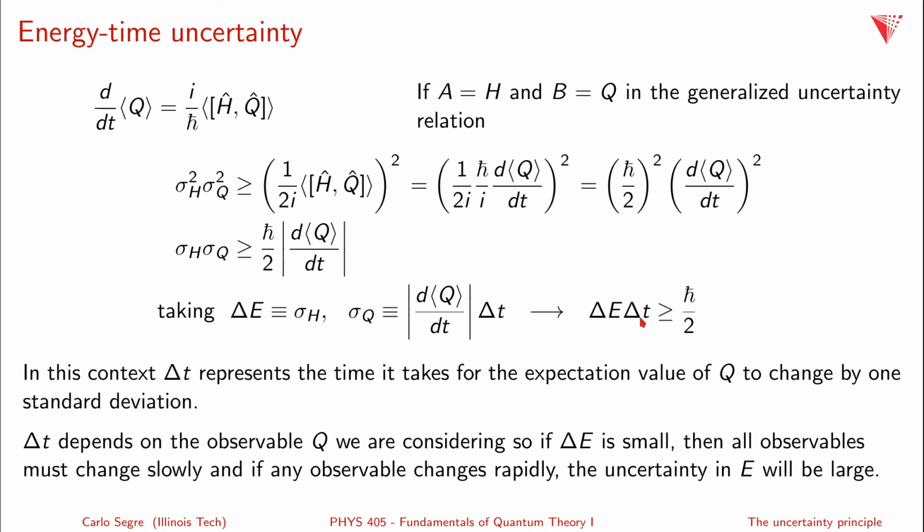That means that in order for the expectation value of Q to vary by 1 standard deviation, it takes a long time. If, on the other hand, delta E is large, then that means that Q varies very rapidly with time.